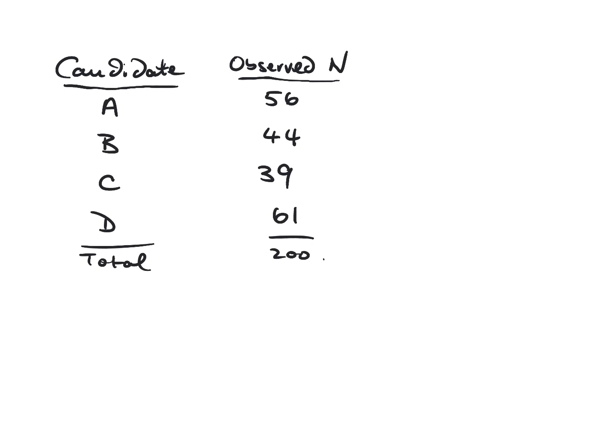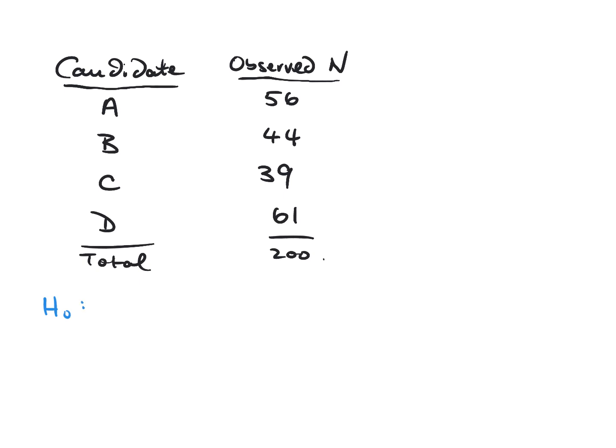Imagine we survey 200 people and ask them about their preferences for 4 candidates. The counts we get are 56, 44, 39, 61. Are people equally split among the 4 candidates? Think of that as the hypothesis that I'm testing.